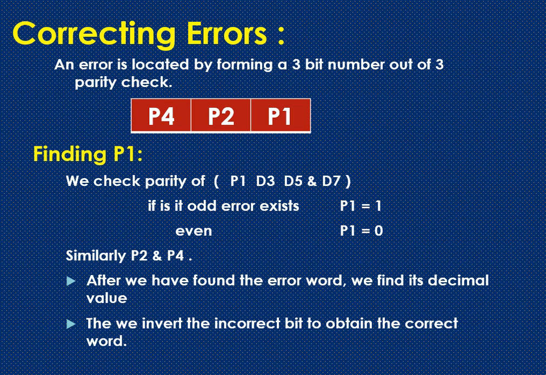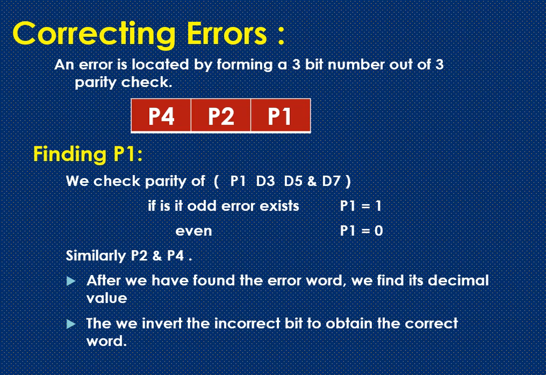After finding the decimal value for this binary error word, we get the bit position where the error exists, and invert the incorrect bit to obtain the correct one. Suppose the error occurred in the 7th bit position.